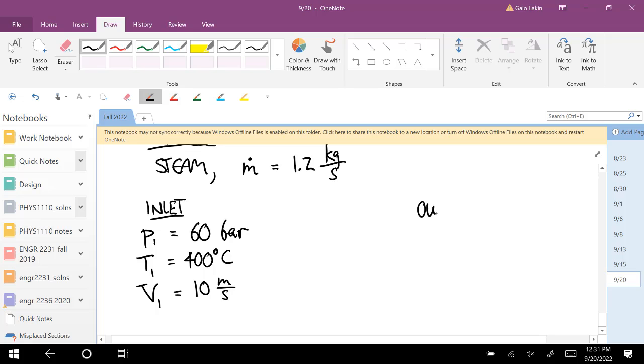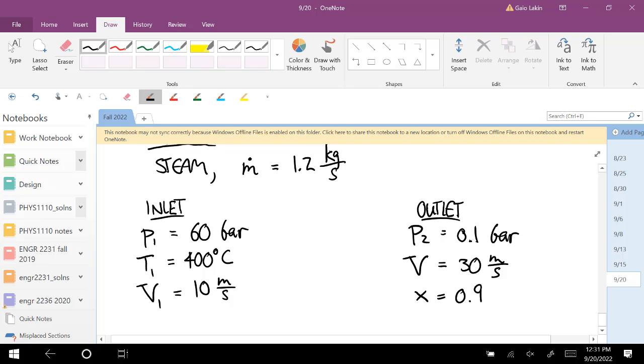And then at the outlet, we have P2 is 0.1 bar. We don't know the temperature, but we know the speed is 30 meters per second. And it gives us a quality of 0.9.